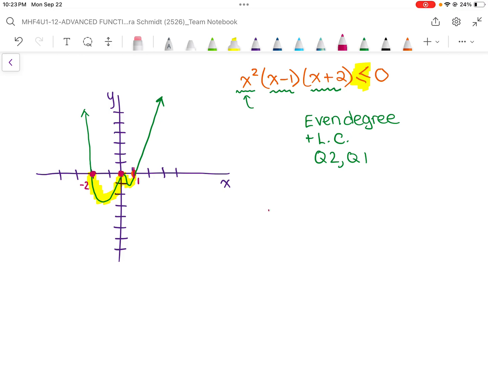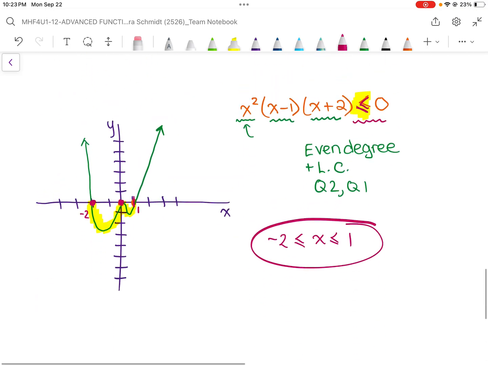So I'm going to say anytime my graph is between -2 and 1, my polynomial will be less than or equal to 0. And I'm including -2 and 1, that's why I have the or equal to signs, because I want to include them too, because it can be equal to 0 also. So that would be the answer to that one.